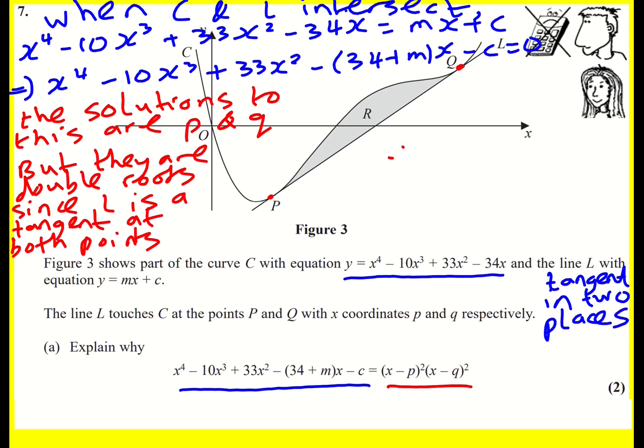And therefore, x minus p squared, x minus q squared is equal to 0. Because this is how you get a solution with double roots. And the result will follow.